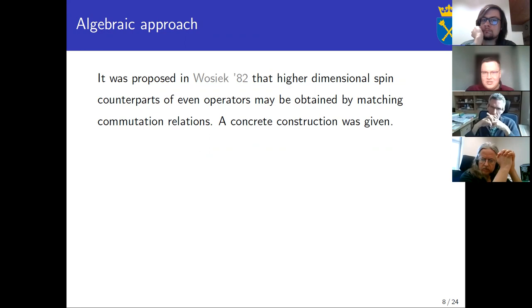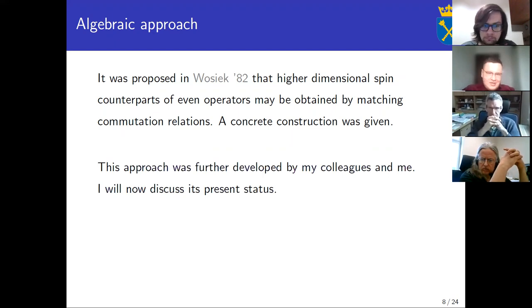Such matching of commutation relations was performed, and some concrete mapping was proposed. This paper was basically unnoticed, and its author also didn't pursue it further, and there were some unanswered questions there.